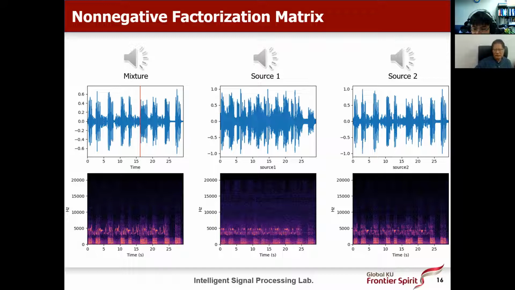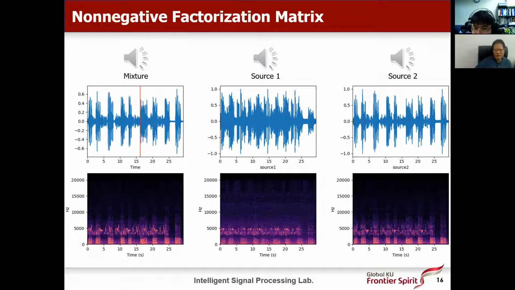As far as the waveform is concerned, mixture and source 2, there's a lot of similarity. I don't know if you just lay mixture on top of source 1 or vice versa and see what the difference is. You could do some analysis maybe.